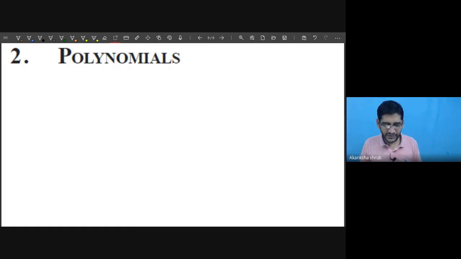So student, we have learned that a polynomial is any expression in which the variables shall have whole number powers and their coefficients, meaning the multiplying factor to this variable, can be any real number. They are called polynomials.